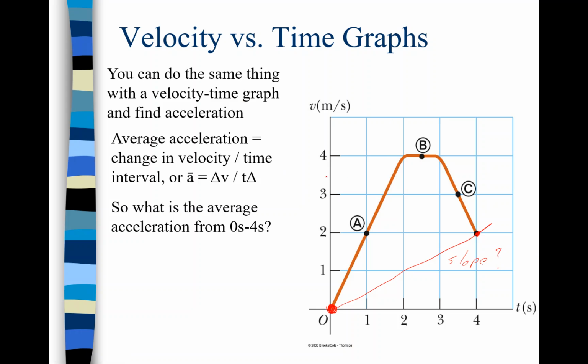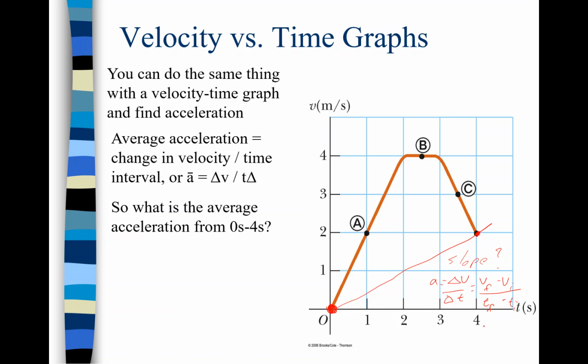So I know that acceleration, which is delta v over delta t, is final minus initial of each one: v final minus v initial over t final minus t initial.